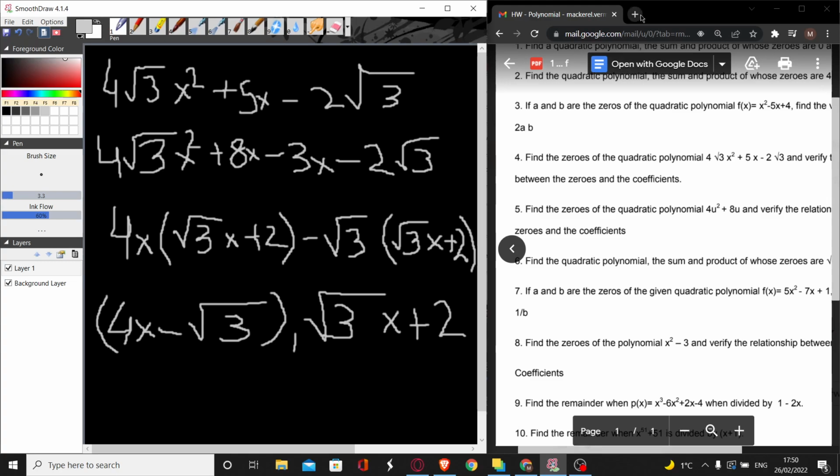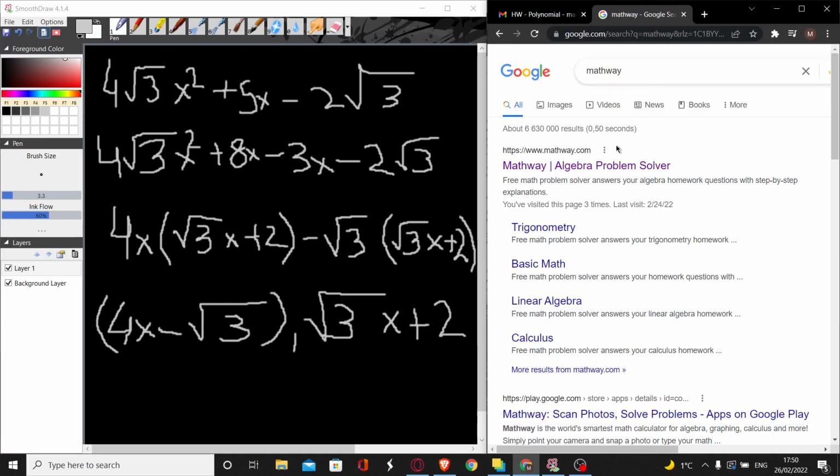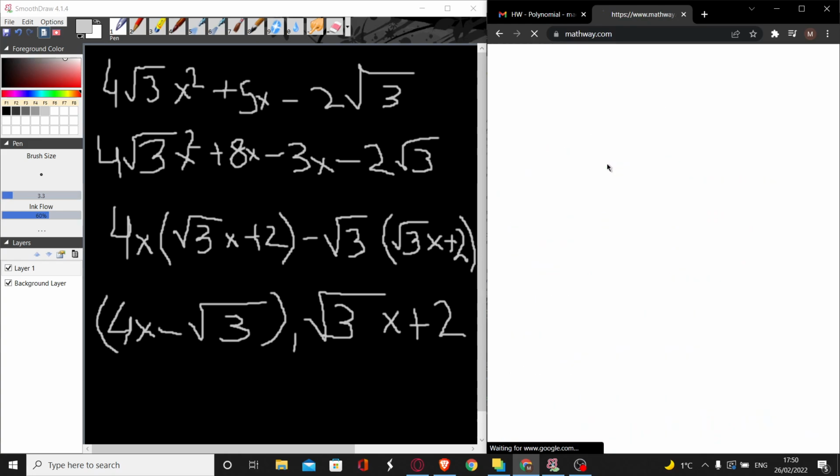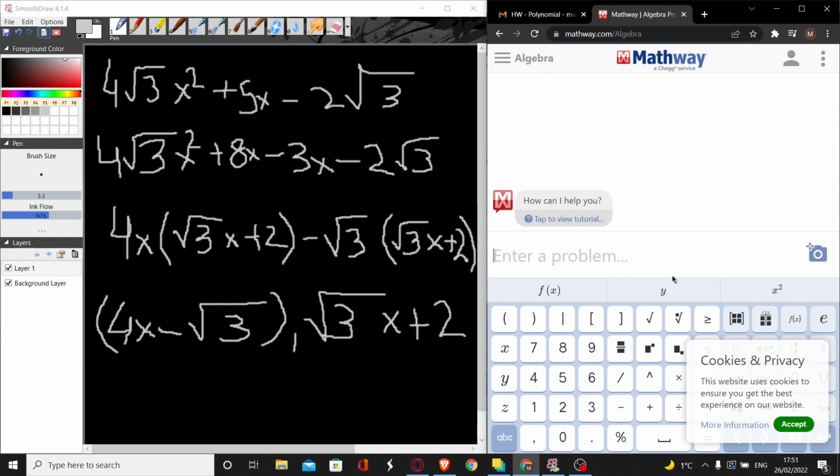And just to verify this, I am going to open Mathway. The reason I have this is for these tech support problems. After I solve them, I just want to be sure.